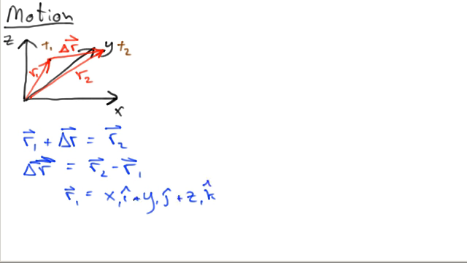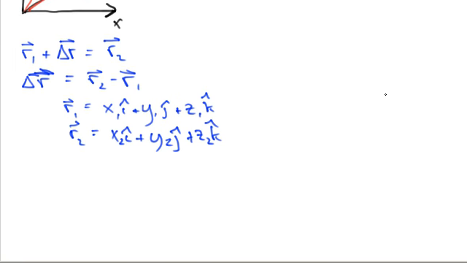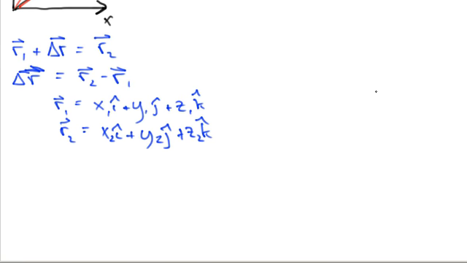More specifically, x1 i plus y1 j plus z1 k. r2 can be expressed as x2 i plus y2 j plus z2 k. And then the difference between them can be written simply as delta r.